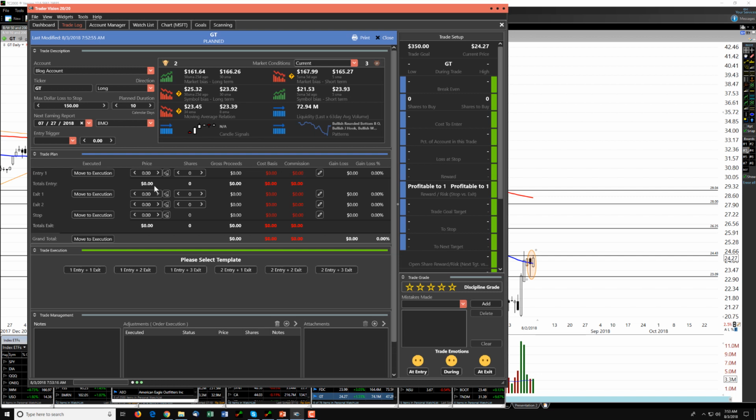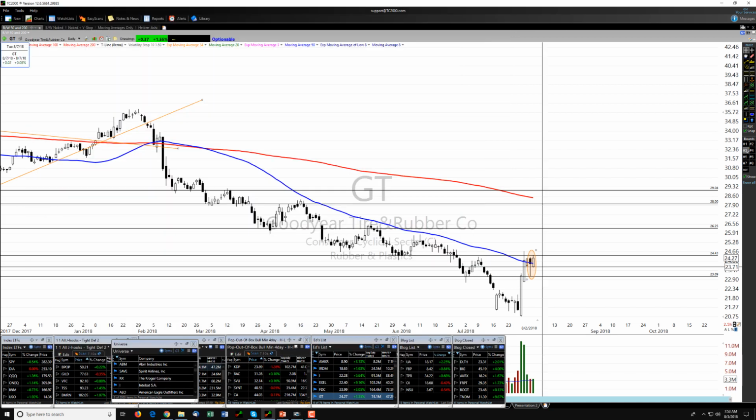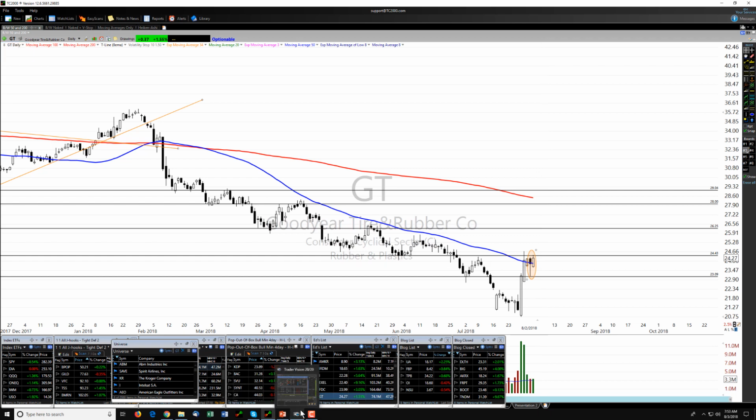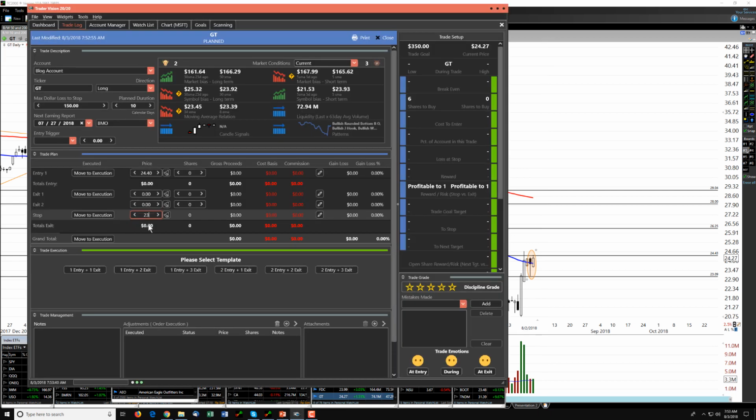Let's say that we want to have our entry at 24.40. With our stop down here, so let's call that 23.75. That first target's up here at 26.20. And the second target is up here, let's call it 27.95.